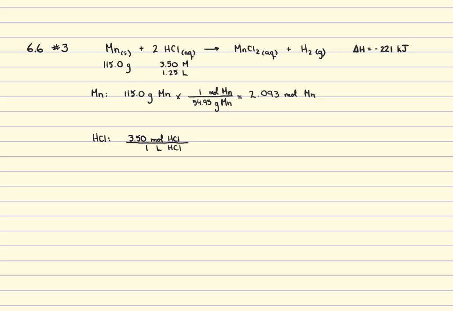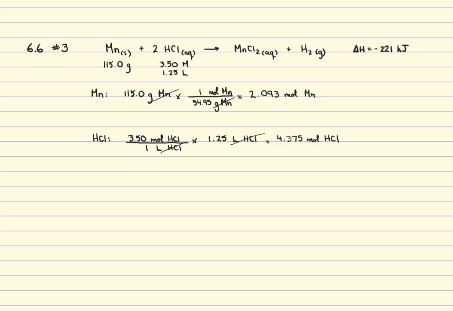And the reason I wrote it that way is so that the dimensional analysis becomes really easy instead of memorizing formulas. And I should have crossed these guys out. I'm going to cross this one out. And when you do the math involved in this calculation, you'll get 4.375 moles of hydrochloric acid.